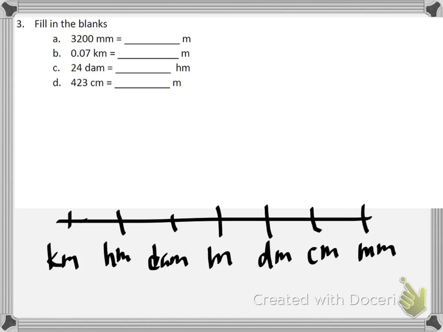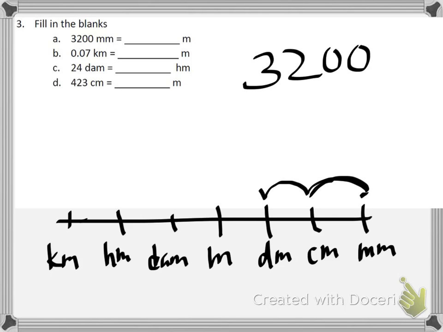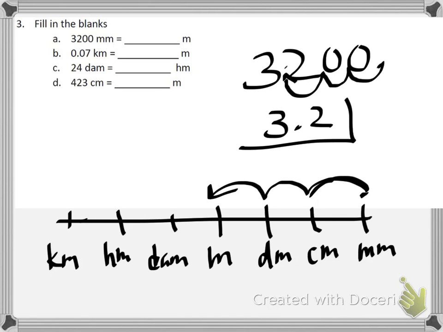So we can take our 3,200, starting at millimeters, and we're going to meters. So basically we're going back 1, 2, 3 places. So we can just take our decimal point and move it 1, 2, 3 places and get 3.2. So it's going to be 3.2 meters.